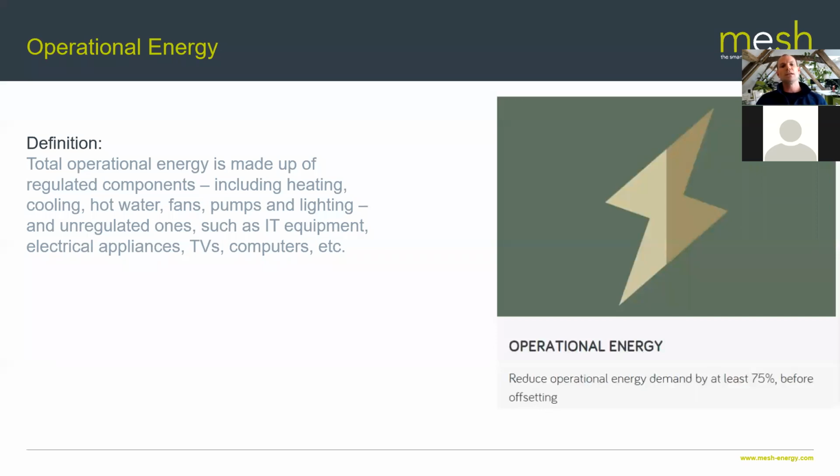Operational energy covers regulated components, like heating, cooling, hot water, fans, pumps and lighting, and unregulated components like IT equipment and electrical appliances, which vary depending on how the building is used. As per the framework, by the end of the decade they're looking to reduce operational energy by 75% compared to today's levels.